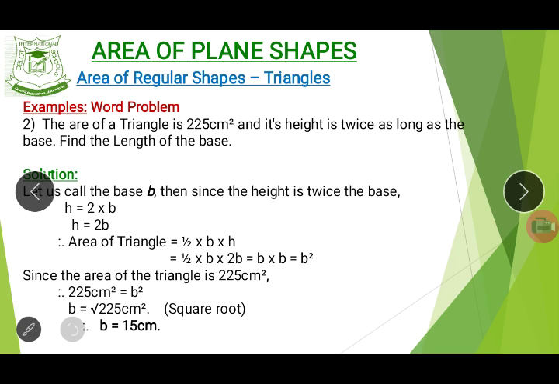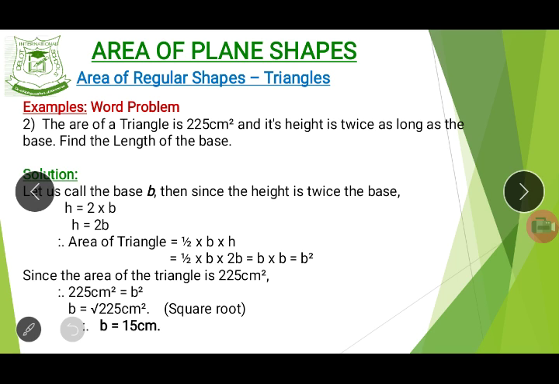Find the length of the base. We know that the area of the triangle is 225 centimeters squared. We're told that the height of the triangle is 2 times the length of the base.